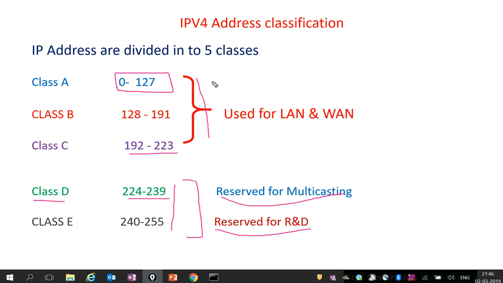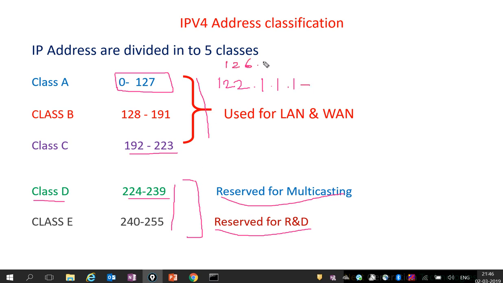So for example, in class A, the IP address starts from 0 to 127, meaning any IP address having a value for the first octet from 0 to 127 represents class A. For example, the IP address 122.1.1.1 is a class A IP address.